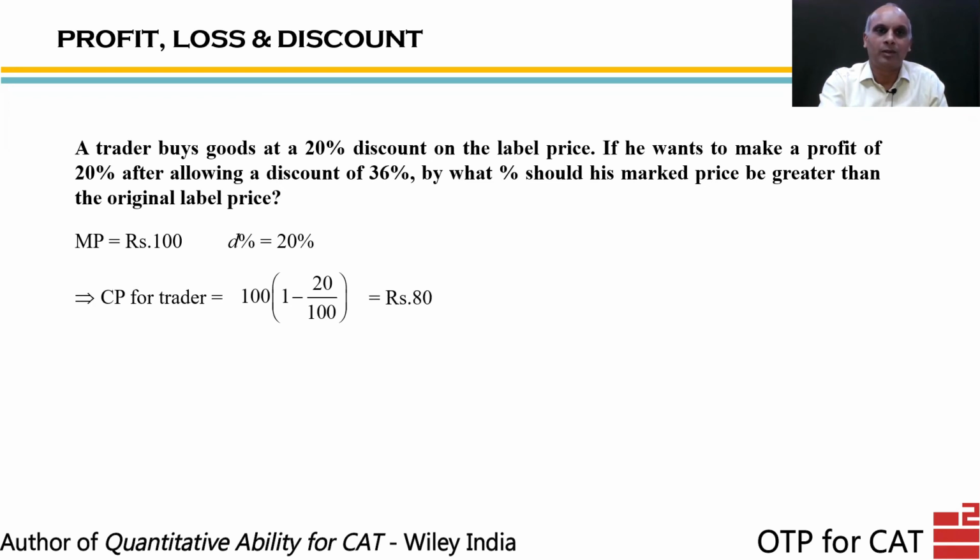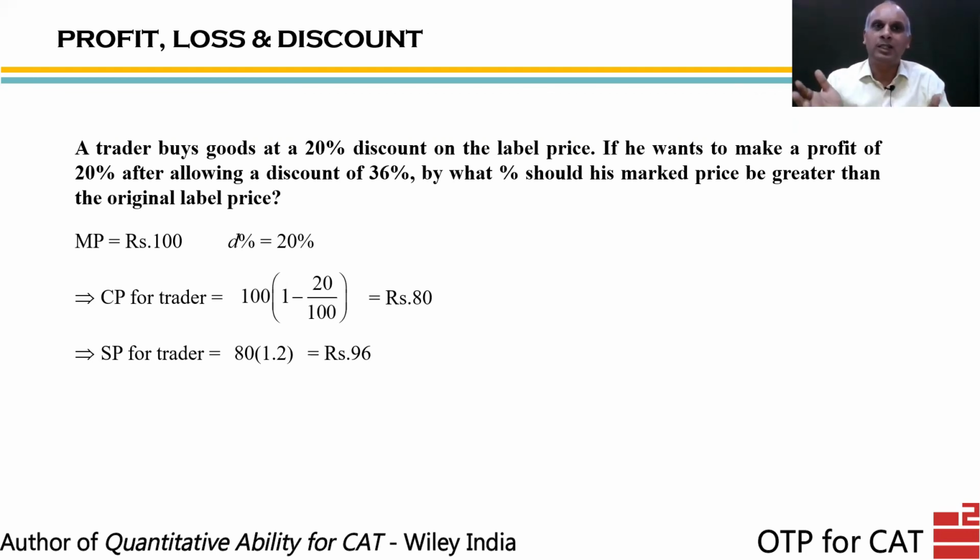All right. Once I know the cost price for the trader is 80 rupees and he wants to have a profit of 20%, that's given in the question. So 80 plus 20% of 80 gives me 96 rupees. So selling price for the trader is 96 rupees, which was obtained after allowing a discount of 36%, because trader buys goods from somewhere and he is going to sell it to some customer.